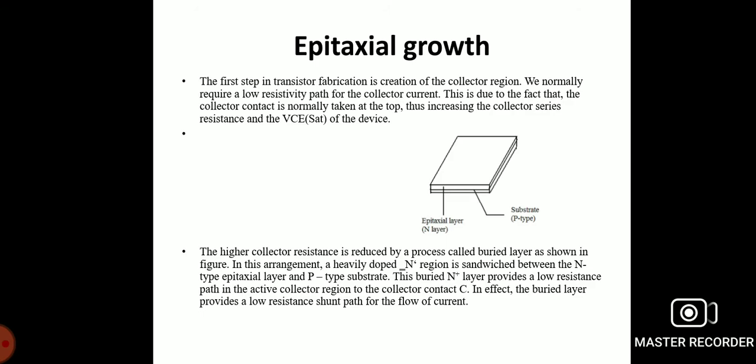So in the resulting structure, the subsequent diffusions are done in the epitaxial layer. All the active and passive components are formed on the thin N layer. Epitaxial growth over the p-type substrate, obtaining an epitaxial layer of the proper thickness and doping with high crystal quality, is perhaps one of the most formidable challenges in bipolar device processing.